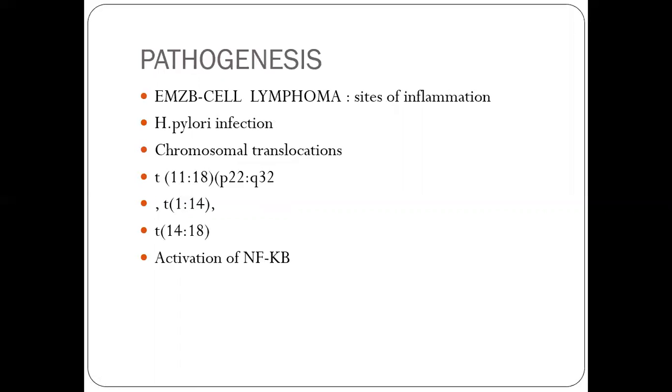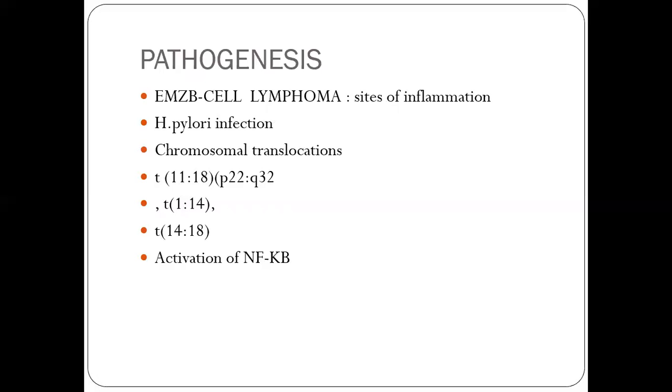So, pathogenesis of lymphomas of the stomach. Extranodal marginal zone B cell lymphomas occur at the sites of inflammation, that is chronic gastritis, especially if there is H. pylori infection.